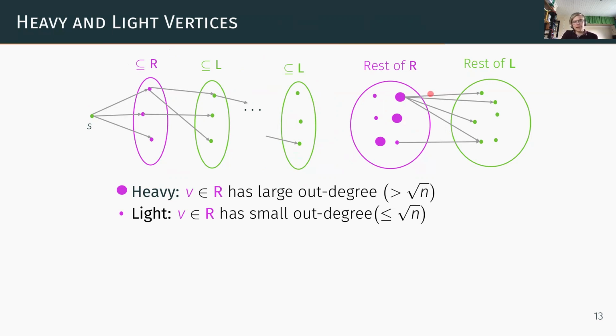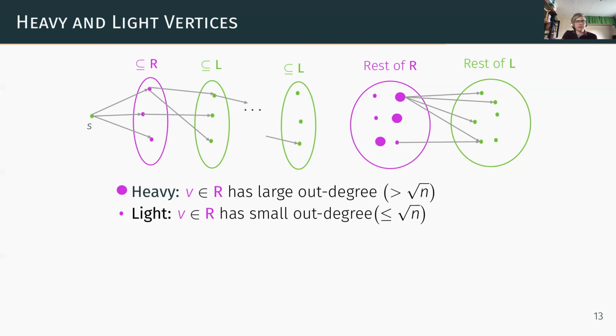So we say a vertex is heavy when it has large out-degree, and the vertex is light if it has a small out-degree. And when we say out-degree here, we mean to the rest of L, the vertices in L for which we do not yet know whether they are reachable from the source or not.